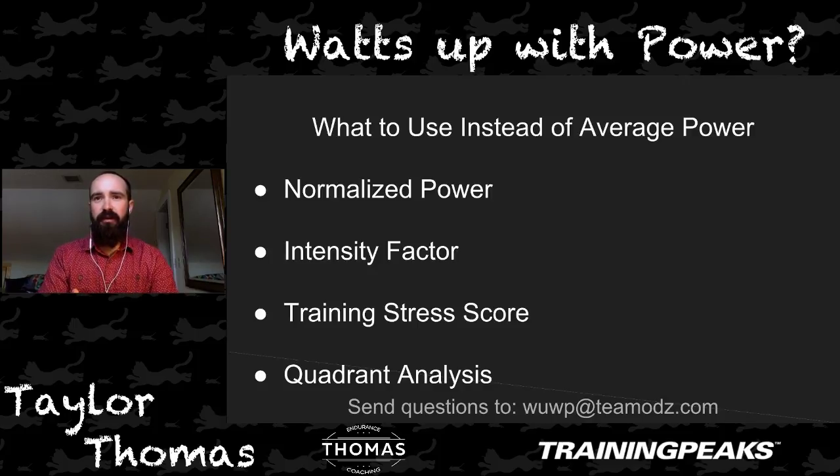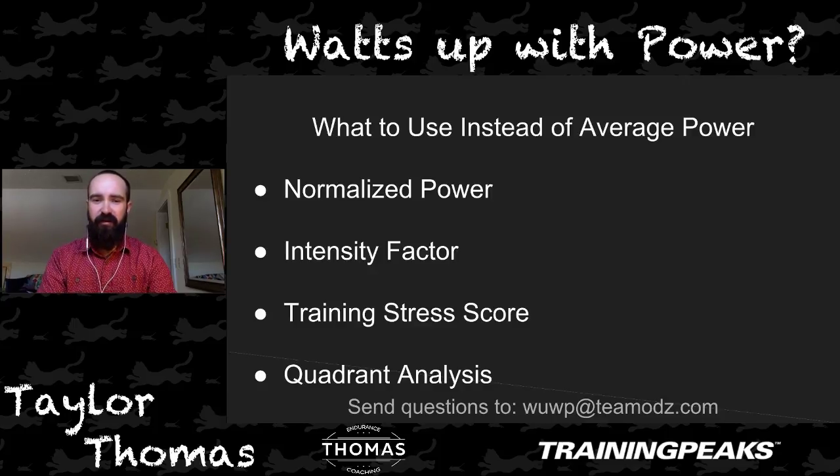Boiled down, normalized power is the average power that you would have produced had you pedaled at a perfectly constant or consistent effort. If you could have traveled in a perfectly straight line with no wind, basically riding your bike in a vacuum, then normalized power and average power would be the same.